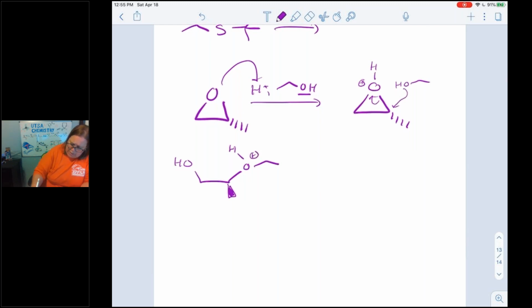If you were to do this mechanism and then try to draw it neater, and you showed me this wedge here, this is actually wrong because you flipped over. You rotated that sigma bond. And so if you're really fancy and you know why, this is how you would redraw this methyl group once you rotated and attacked.